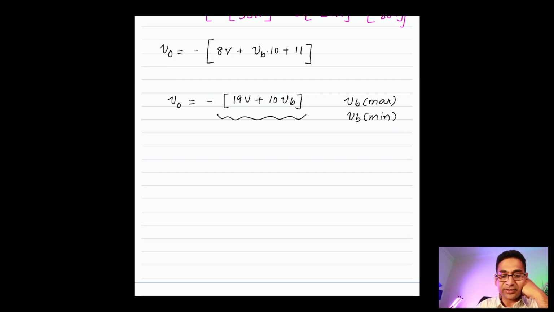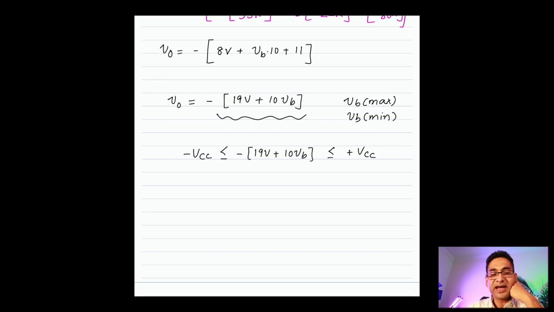negative 19 volts plus 10 VB should be in between the power supply voltages. Okay, it should be within the power supply voltages.